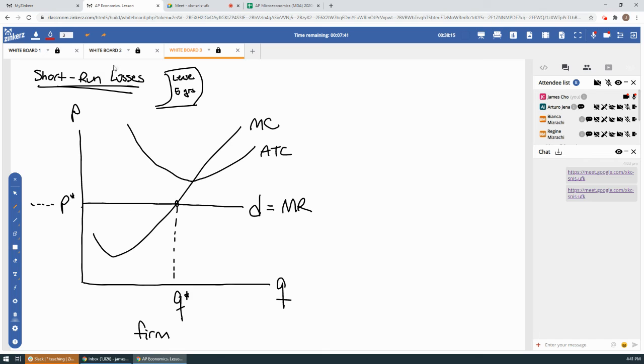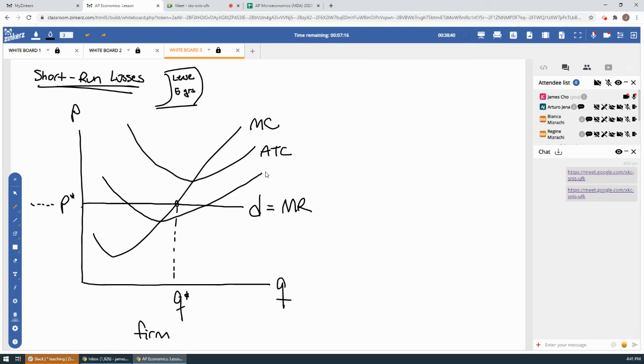The way we do that is we have to bring back another one of our favorite friends. I've left out my AVC for a long time now. I've only focused on the ATC because the ATC is how I measure profit. If I draw the AVC again, who could remind me what AVC looks like?